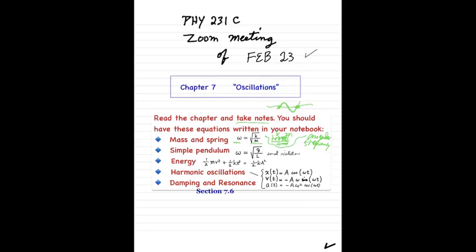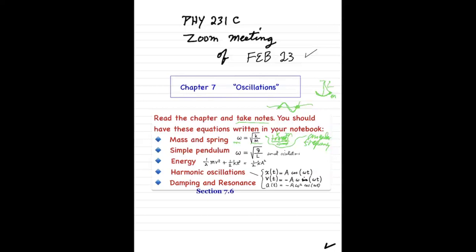Another example in the chapter is a simple pendulum, where you just have a pendulum swinging back and forth. There'll be two parameters, m, the mass of the bob, and L, the length of the string. And again, the angular frequency is the square root of g over L, where g is the acceleration due to gravity.